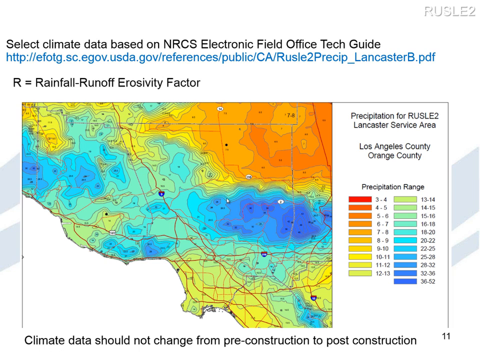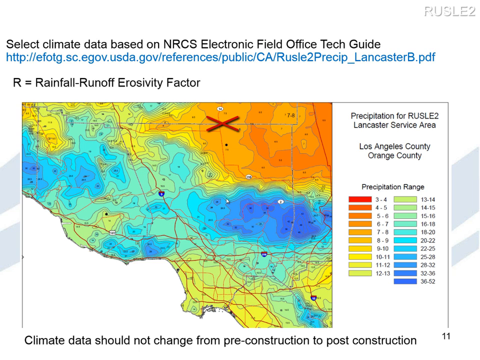And so it turns out that R factor is very much tied to the amount of annual precipitation you have in a particular area. So the first step in determining the R factor for your project is determining what precipitation range you have. For this particular case, we've got these different breakdowns of precipitation ranges.